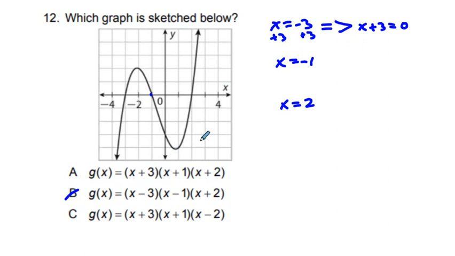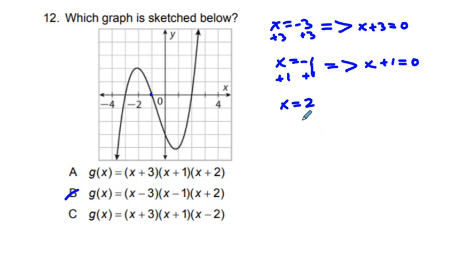Definitely you don't have that in choice B. And then for the next one, x equals -1, we add 1, and we get x plus 1 is equal to 0. So we're looking for the one with x plus 1, and both of these, choices A and C, have it.